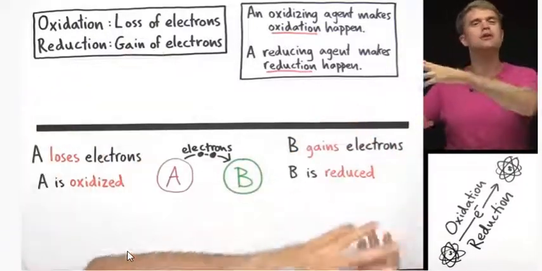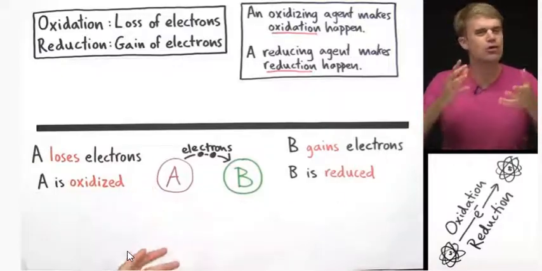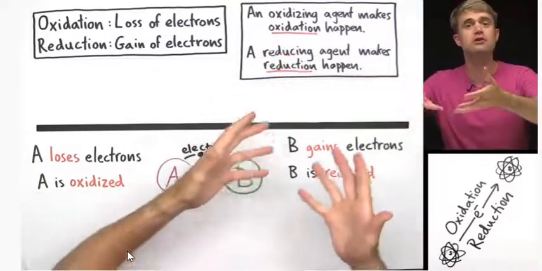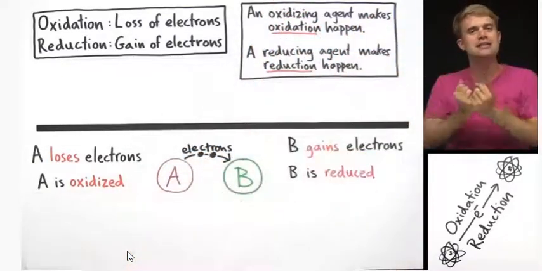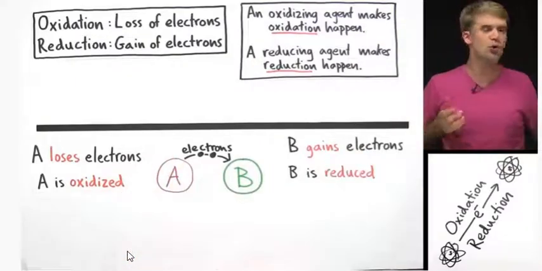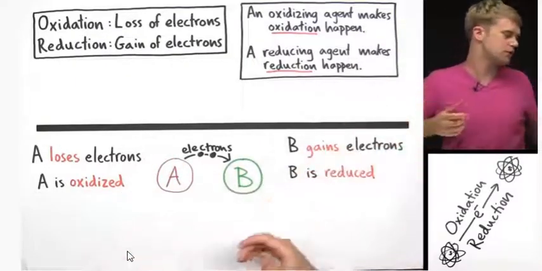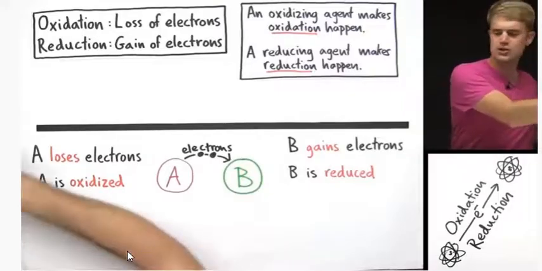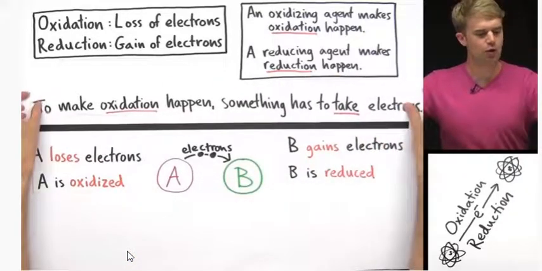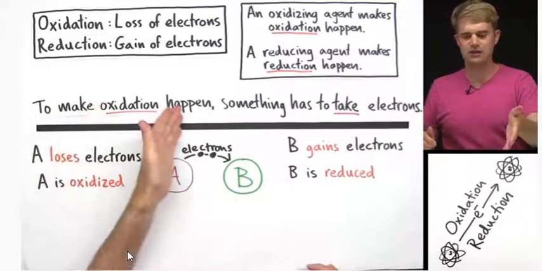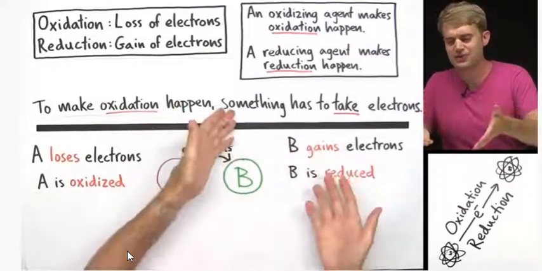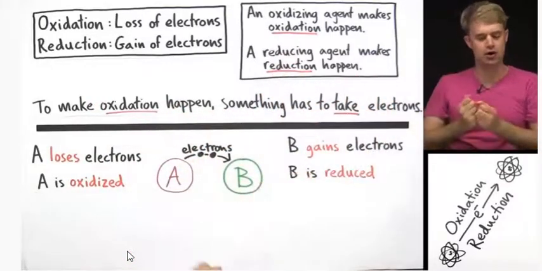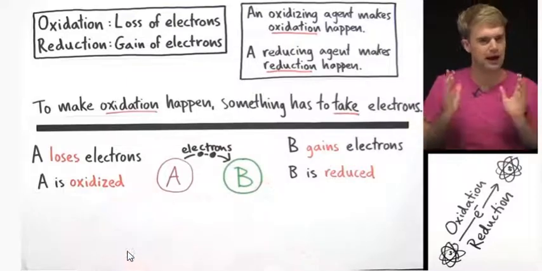They can't just chuck them into space. An atom can only get rid of electrons if something else takes those electrons away. So in order to make oxidation happen, something else has to take the electrons away from the thing that's being oxidized.